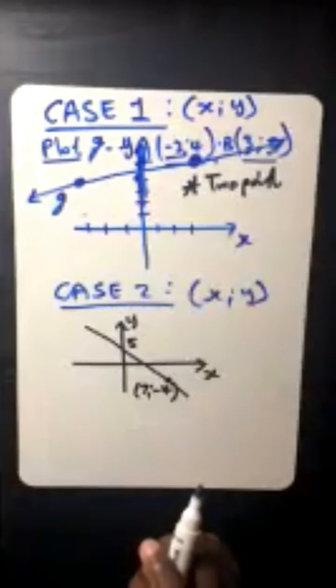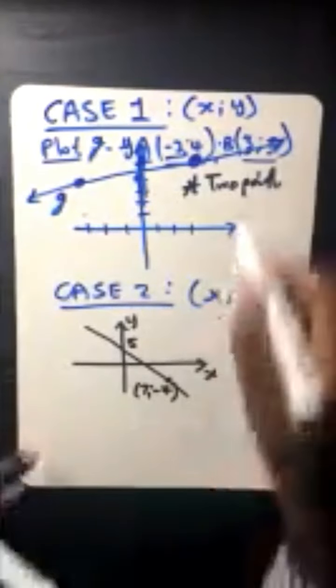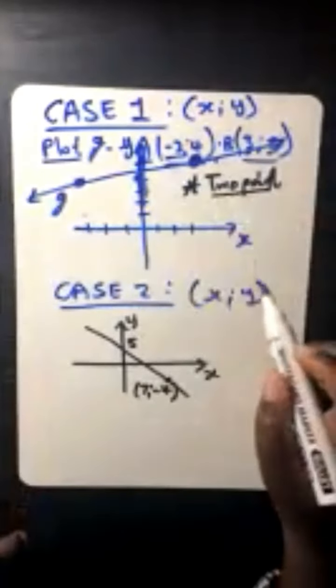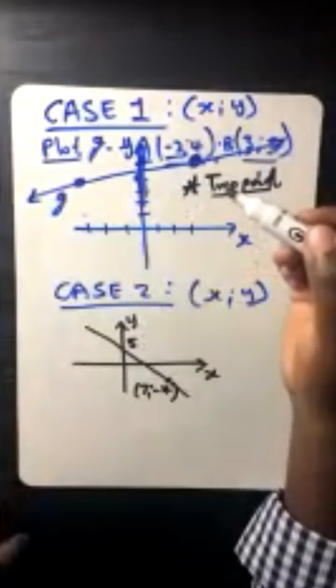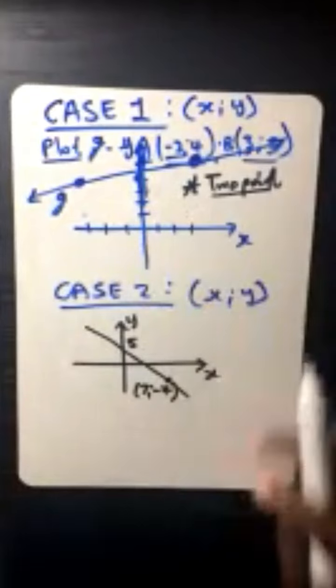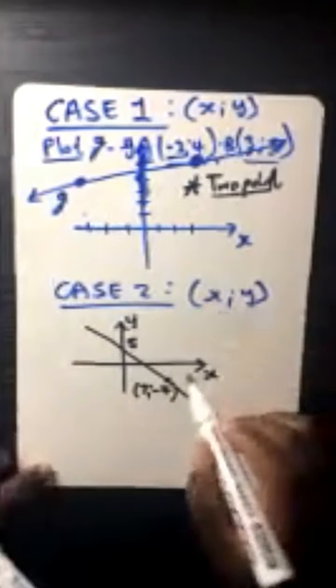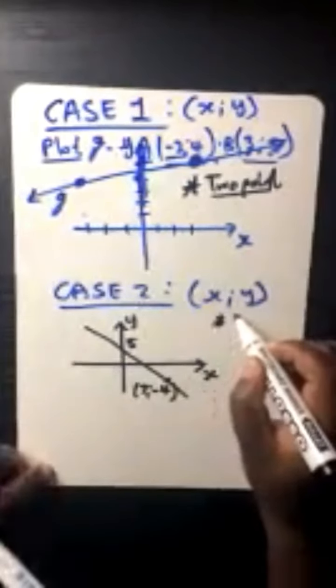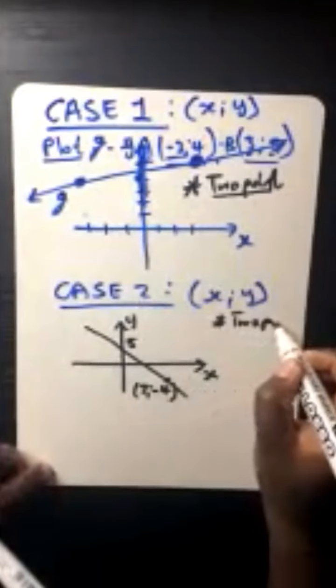Write this as part of your notes. It's massively important, guys. For you to plot, you must have 2 points, which means for you to determine an equation, you must still have 2 points, okay?